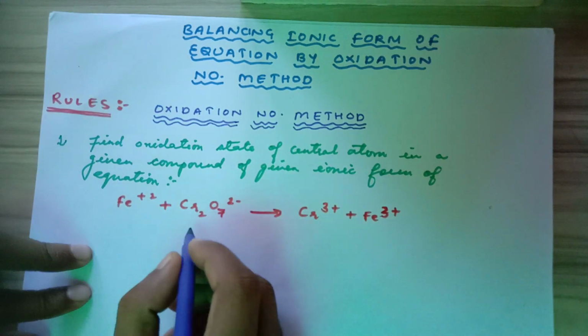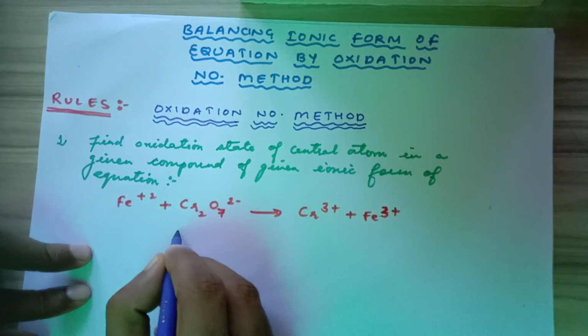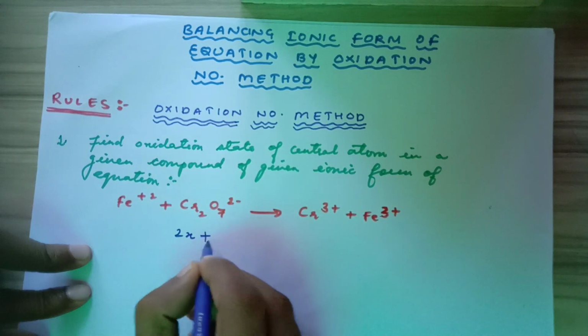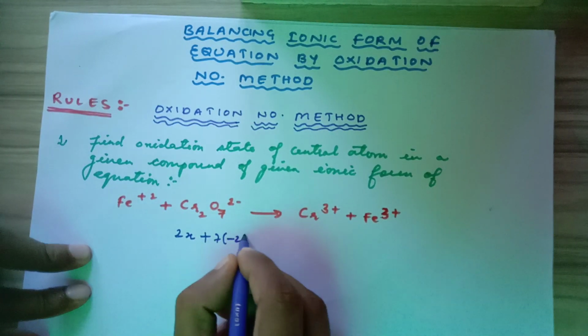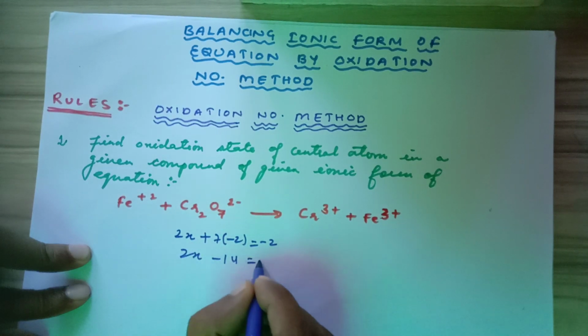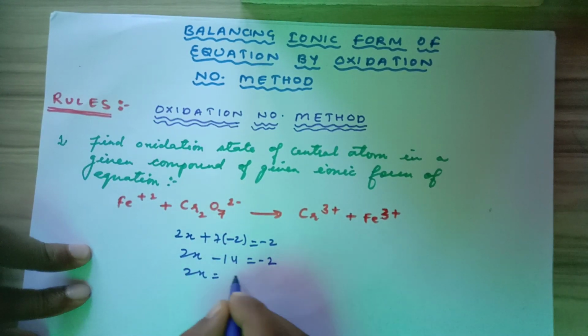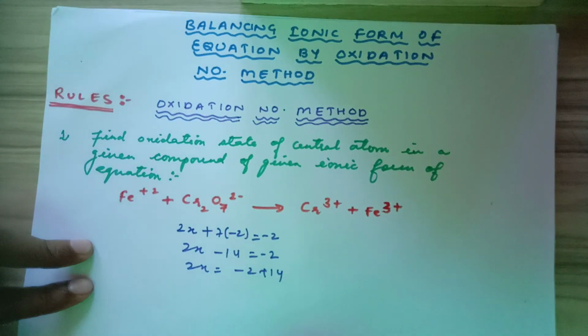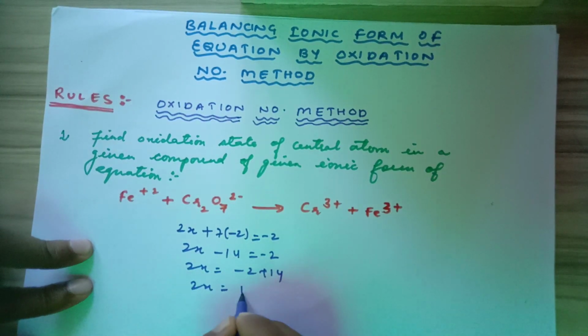So here, suppose we take chromium as X, so it will be 2x plus 7 times oxygen, and that of oxygen is -2 and net charge will be -2. So it will be 2x minus 14 is equals to -2. So it will be 2x is equals to -2 plus 14. In this way we can find 2x is equals to 12, x is equals to plus 6.